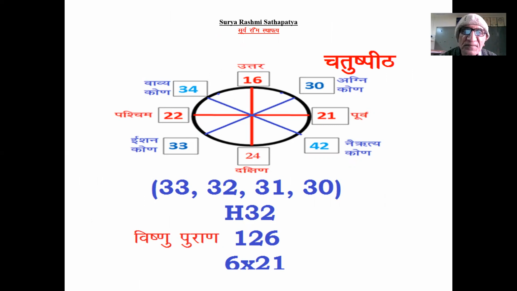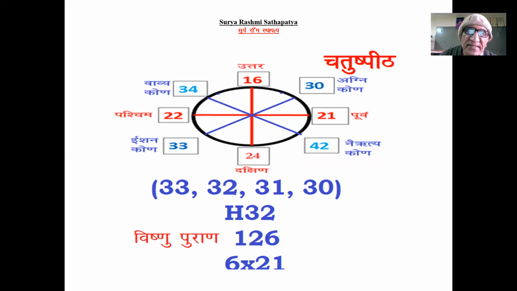Within Chatuspeeth manifests 8 directional frame, and the 8 directional frame as along Ishan cone for reach along Agin cone as hypercube 32 of summation value of 26 is parallel with the organization of Vishnu Puran.